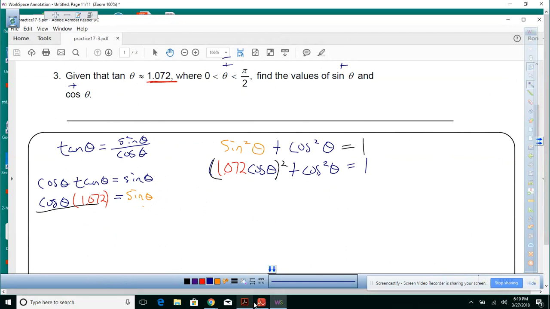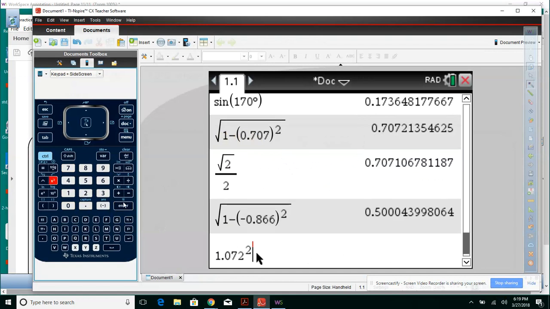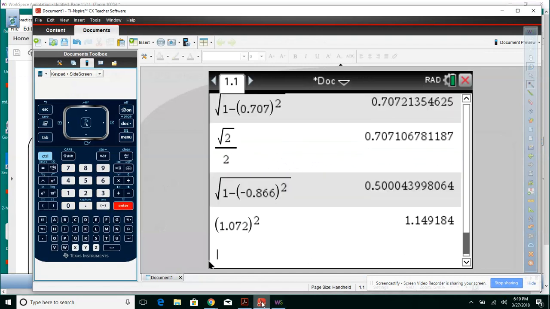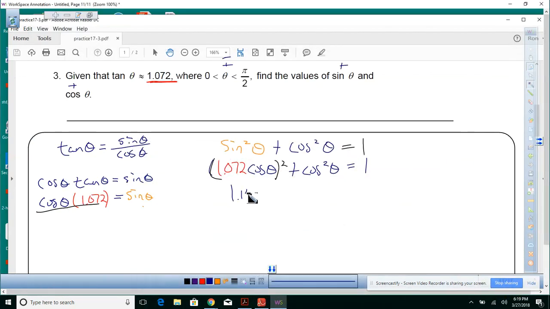Now 1.072 squared is 1.1492, and then cosine squared theta plus cosine squared theta equals 1.